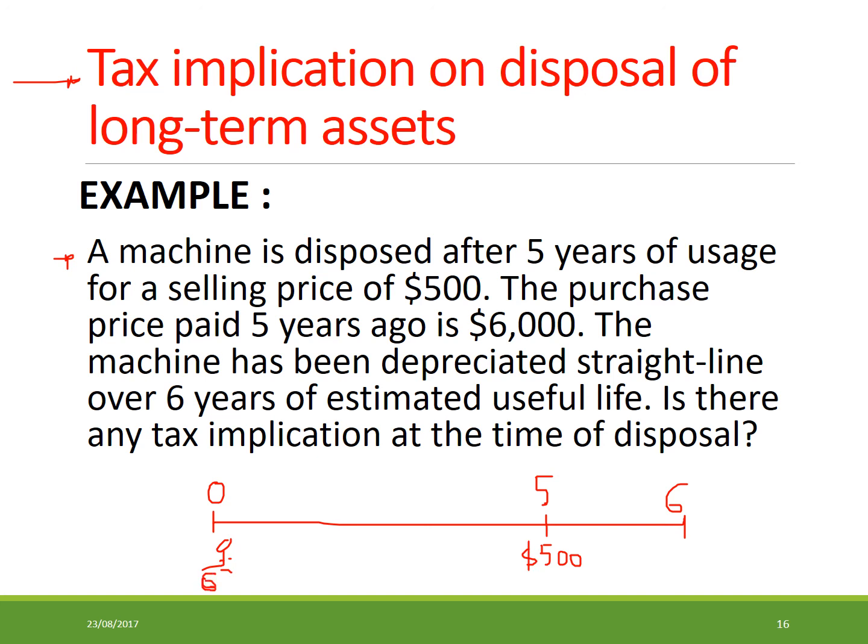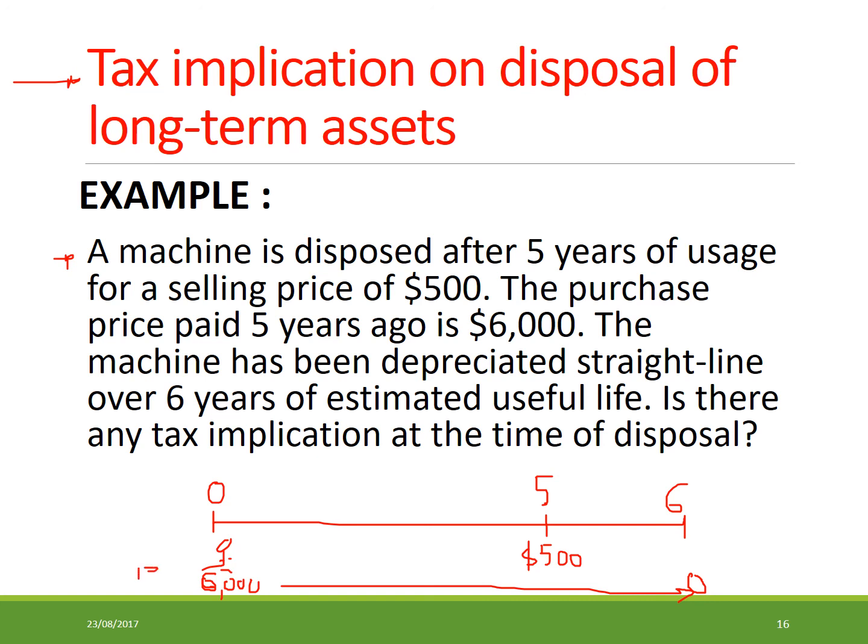The book value of the machine at the time that we bought it is $6,000. This is going to be depreciated using the straight line method, and the useful life of the machine is 6 years, meaning that at the end of year 6, the book value of the machine is expected to be 0, right? So it only has a useful life of 6 years. At the end of 6 years, we assume that it has no value, right?